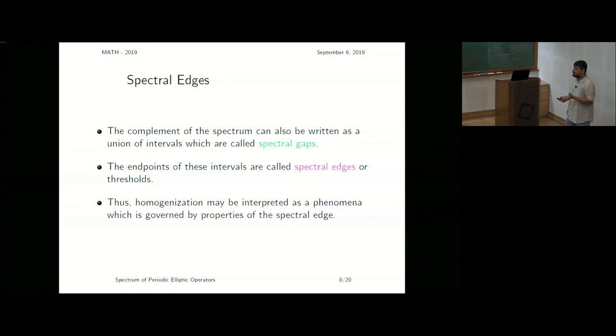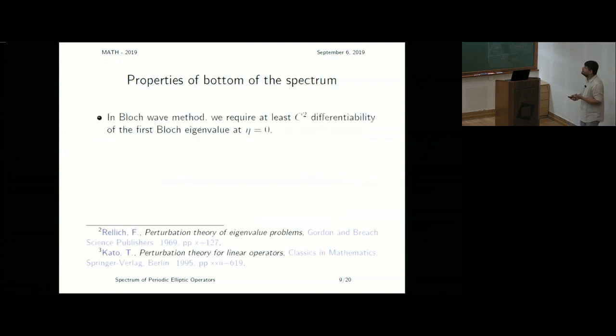And therefore we require a lot of properties from the first Bloch eigenvalue. We require it to be at least twice differentiable. We require the Hessian of the first Bloch eigenvalue at 0 to be strongly convex, I mean, it should be positive definite. And we require these kinds of properties from the first Bloch eigenvalue. So for the first Bloch eigenvalue, we need at least that it should be twice differentiable, and probably more.